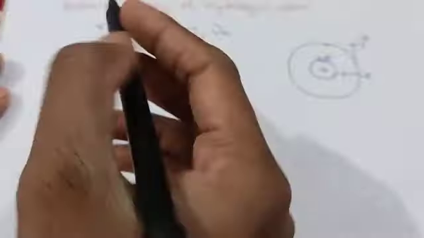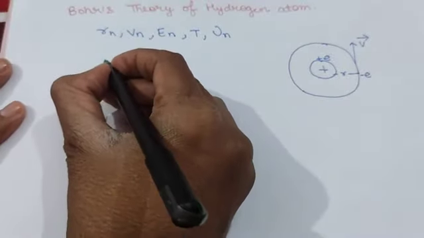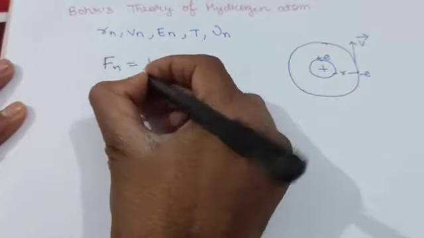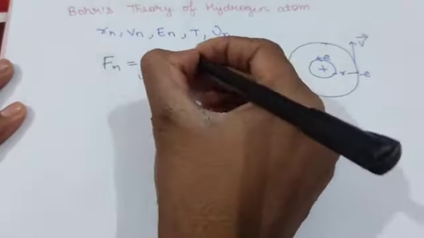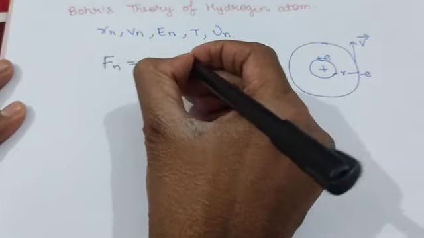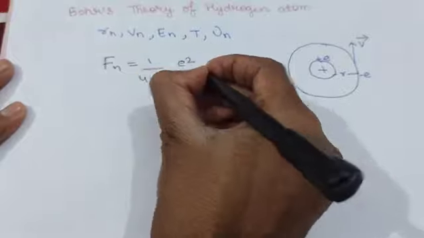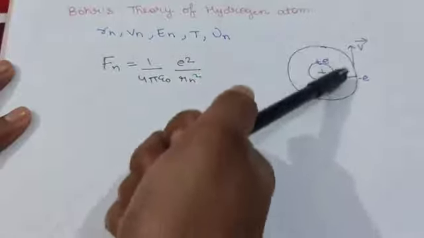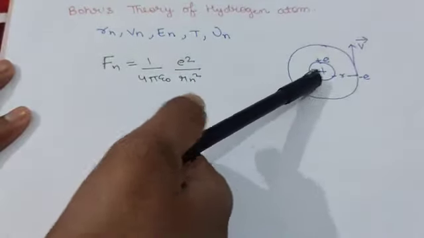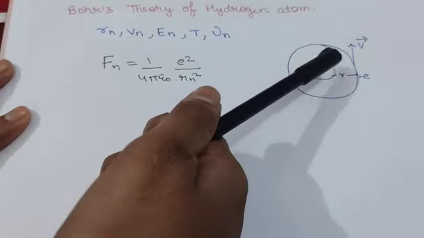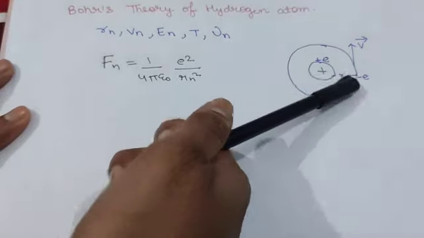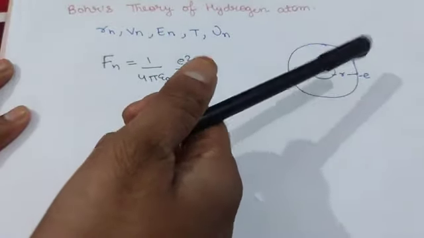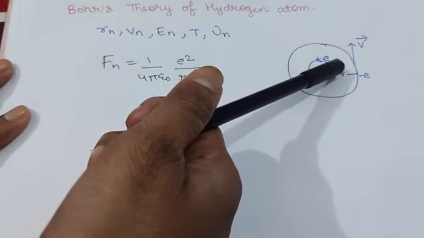Now we'll find each term one by one. Let's go. We know that from the electrostatic force, Fn is equal to 1 by 4 pi epsilon naught times Q into Q, so it's e square by rn square. This is a kind of circular motion, so we can also apply the centripetal force, which is F equal to mv square by r.